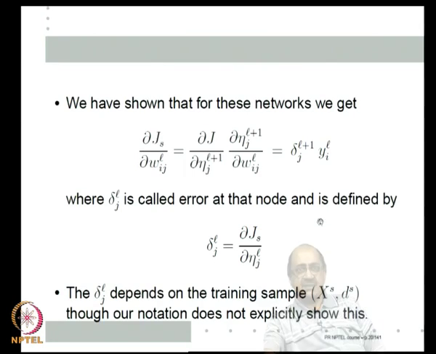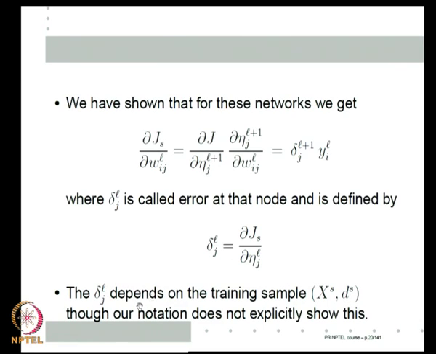We will just remember that delta j L actually depends on the particular training sample. Here, to keep notation simple, I dropped that S, but delta j L is the derivative of the square of the error with respect to the net input into that node, and this depends on which training sample I am talking about, because XS is the input to the network and the final output's error is calculated with respect to that DS.